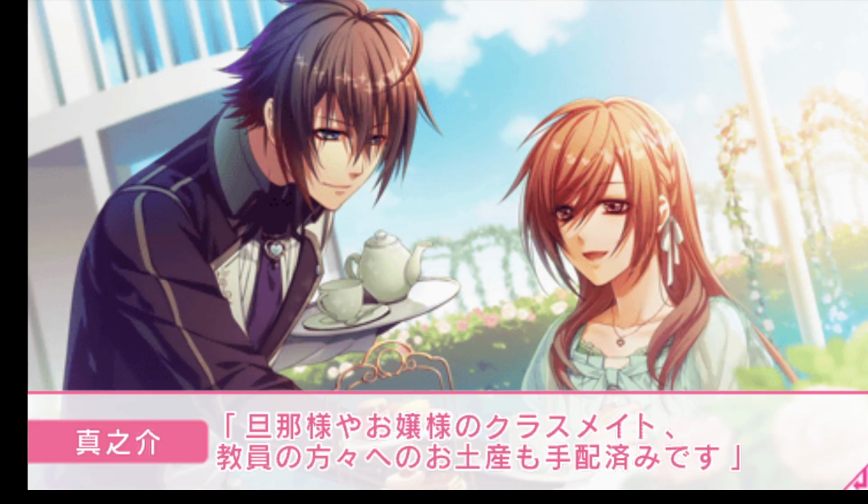Okay. So the master, your classmates, and the people of the teaching members all have omiyage. So the souvenirs for all of these: for the master, for the classmates, and for the teachers.